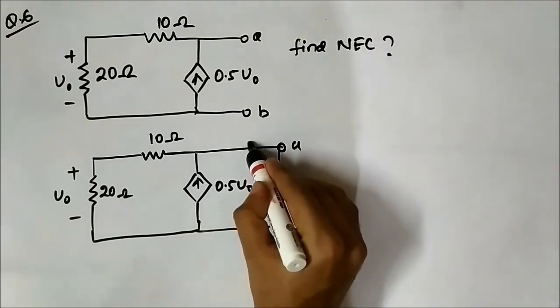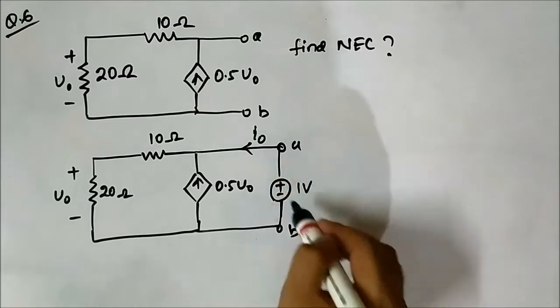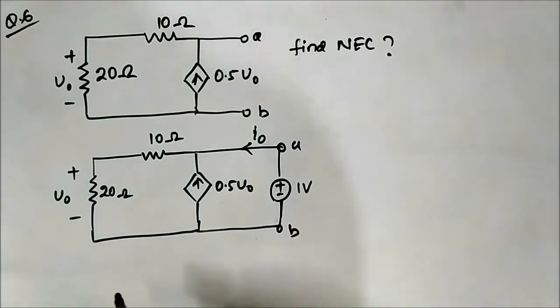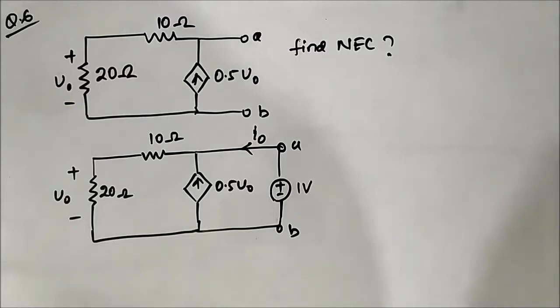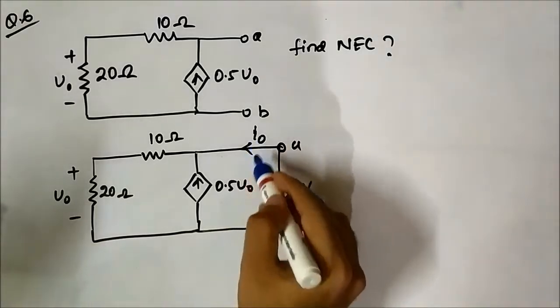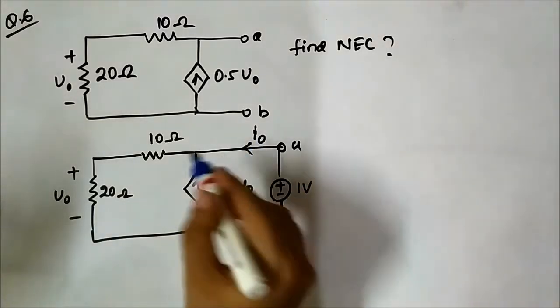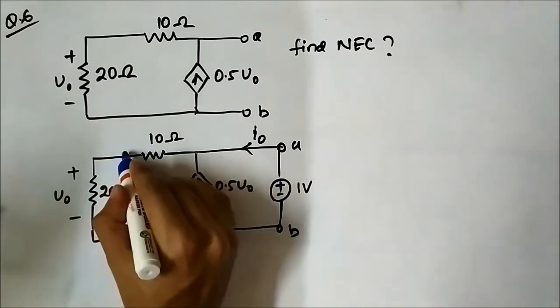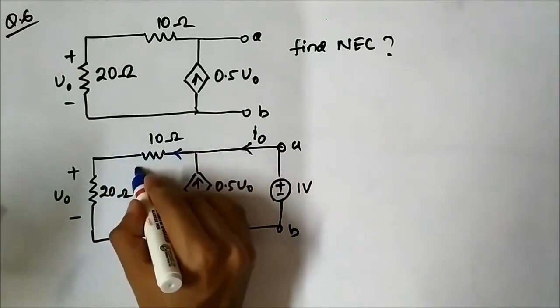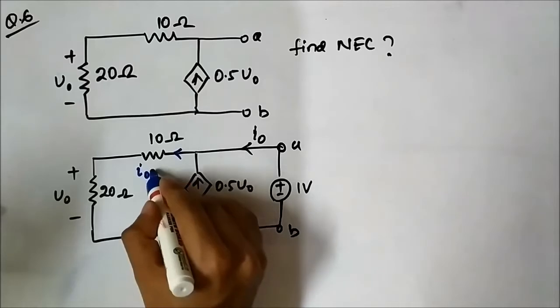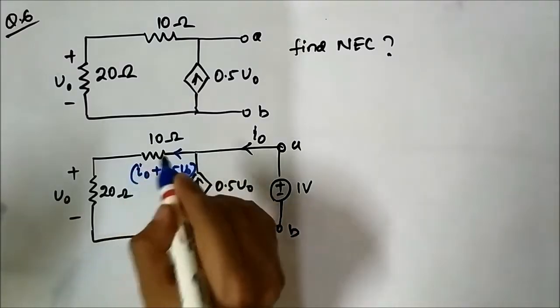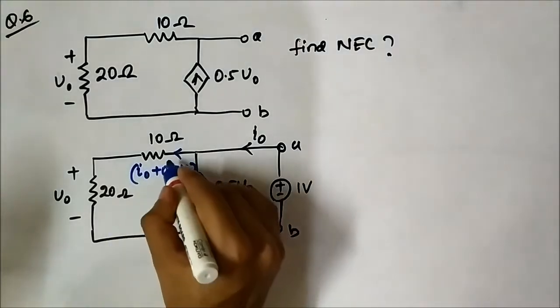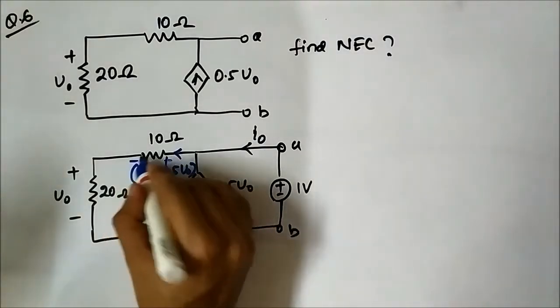Now let us assume this current is I0 flowing from this 1 volt voltage source. So here these two get added up, one is I0 and second is 0.5 V0. So this will be I0 plus 0.5 V0, and the polarity will be like this.